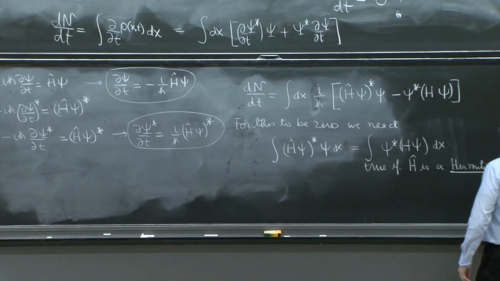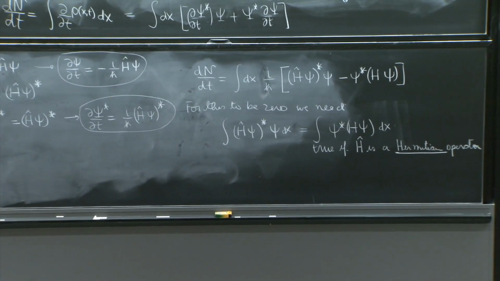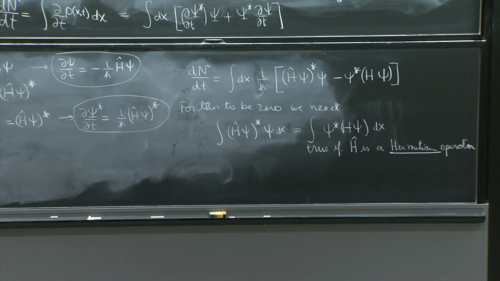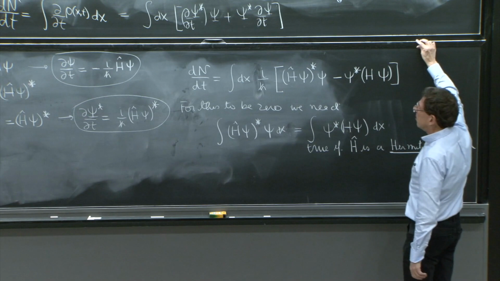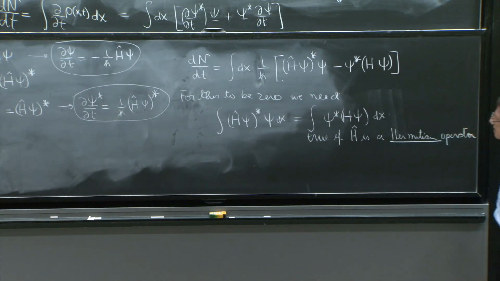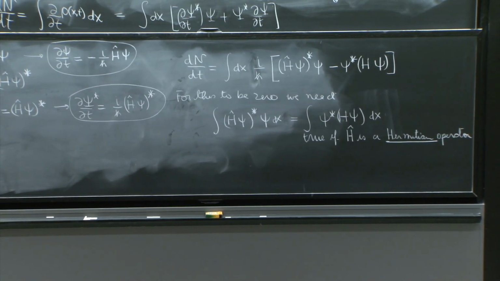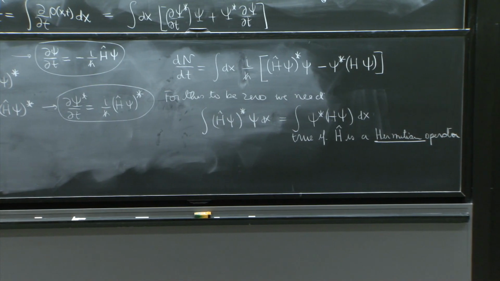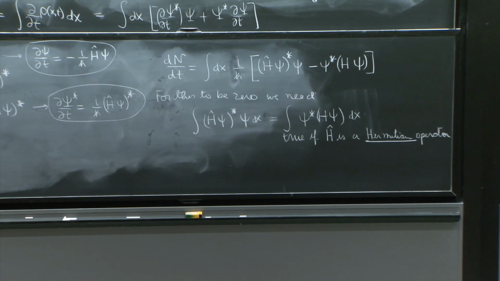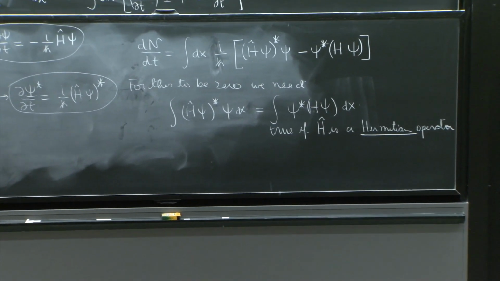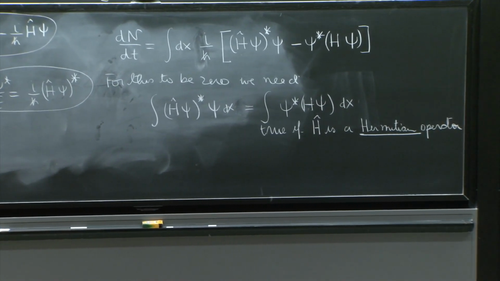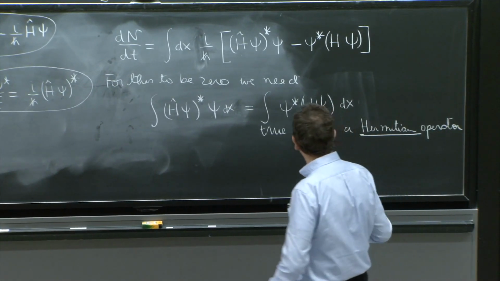So that's a very interesting new name that shows up, that an operator being Hermitian. So this is what I was promising you, that we're going to do this, and we're going to be learning all kinds of funny things as it happens. So what is it for a Hermitian operator?